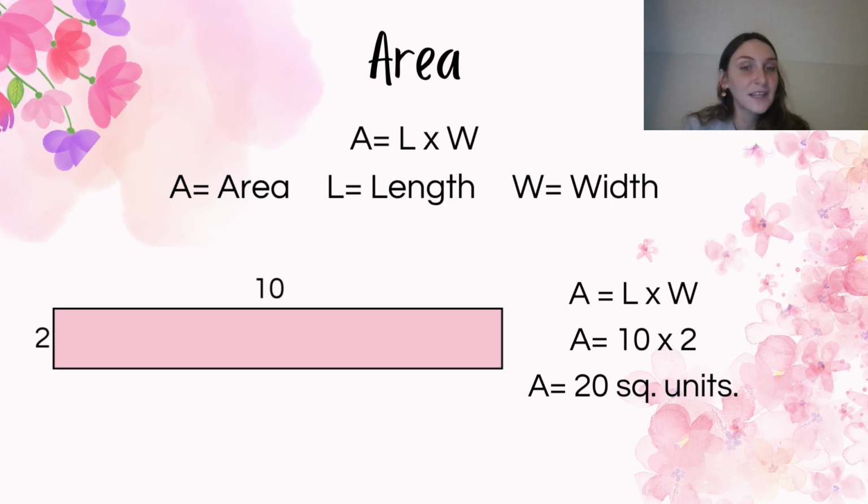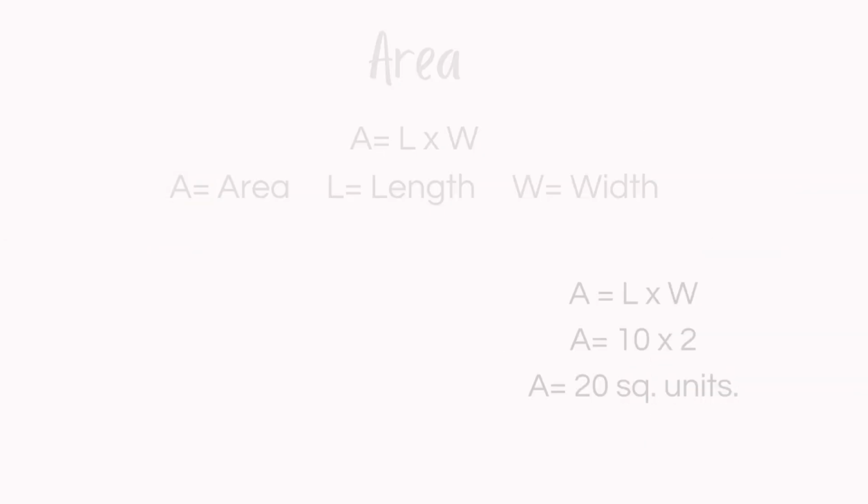When we plug these numbers into our formula, we get A equals 10 times 2. When we do our multiplication, we find that the area of the rectangle is 20 square units.